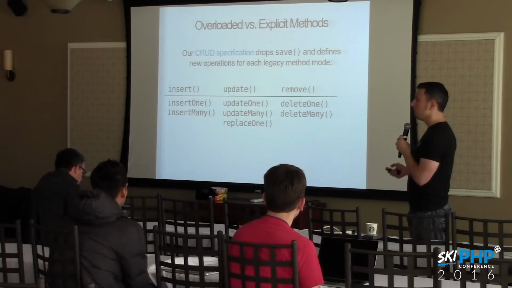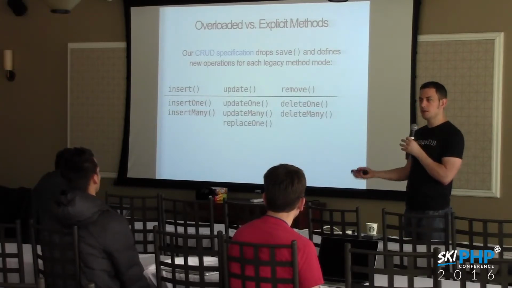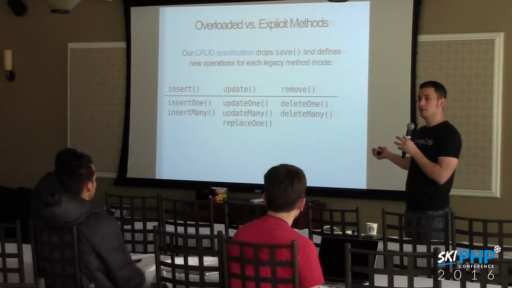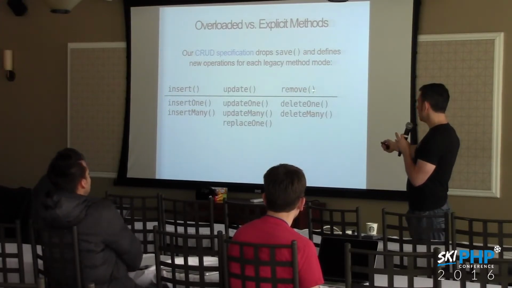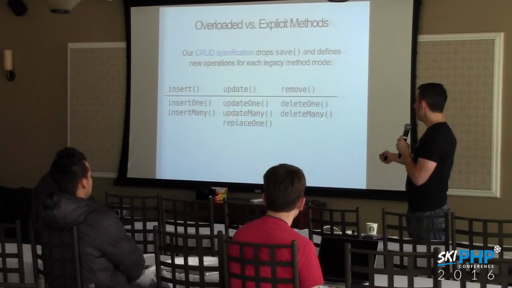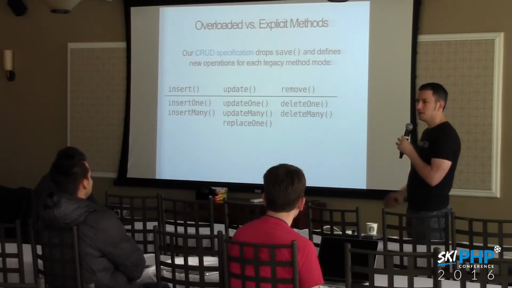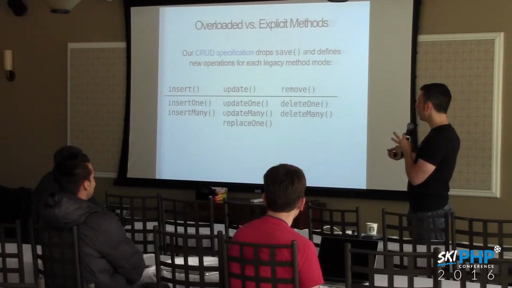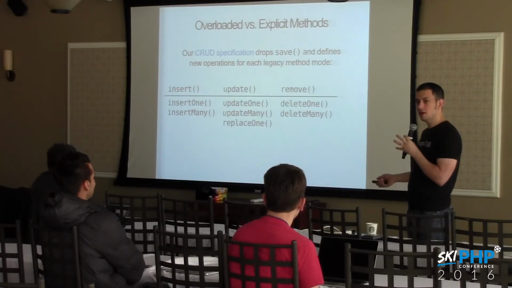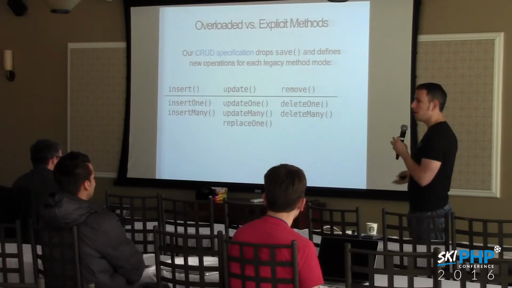Curiously, by default, update would update one document, and remove would delete many things. So this was inverted: one did many by default, one did one by default. Again, with more descriptive method names, now just looking at it, you don't have to think, is this deleting everything or one thing at a time? It's maybe a little bit of a pain in the butt to port your code over from these method names to the new ones, but hopefully a month from now, after you do the search and replacing, you'll be thankful.